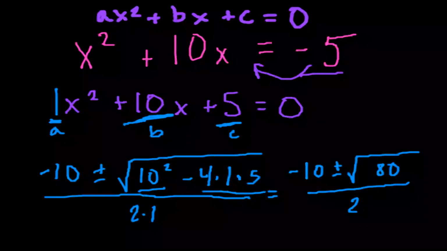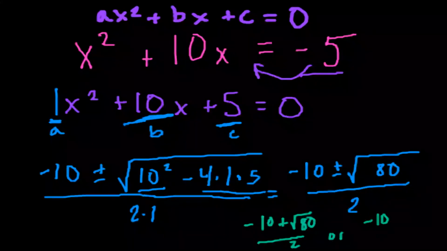This plus or minus means the same thing here that it's meant in our other problems in class. It means that we need to solve it twice to get both of our answers. So it could be negative 10 plus the square root of 80 all over 2, or it could be negative 10 minus the square root of 80 all over 2. We can put those numbers in our calculator.